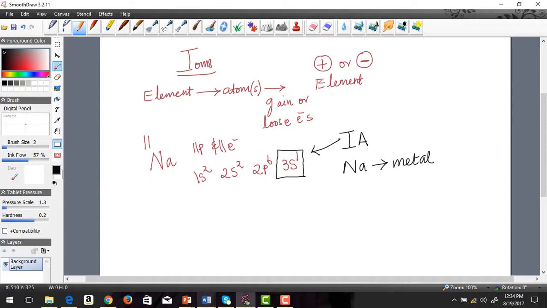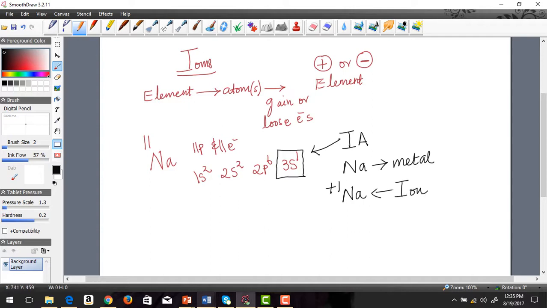The valence electrons are the ones that are available for use. That is, it can only be lost or gained because sodium is a metal, and metal only tends to lose electrons. I don't know of a metal that gains electrons. So it's almost always it loses electrons. So how many electrons can it lose? It can only lose one. So sodium is +1.